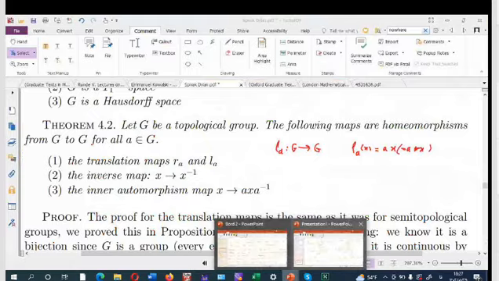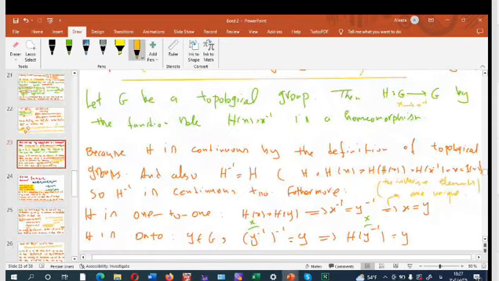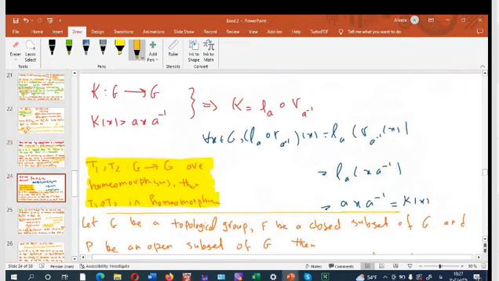And finally, if we consider a function from G to G by this rule, K of x equal to A x A inverse. This is a homeomorphism again, because K equal to this composition of L A and R A inverse.